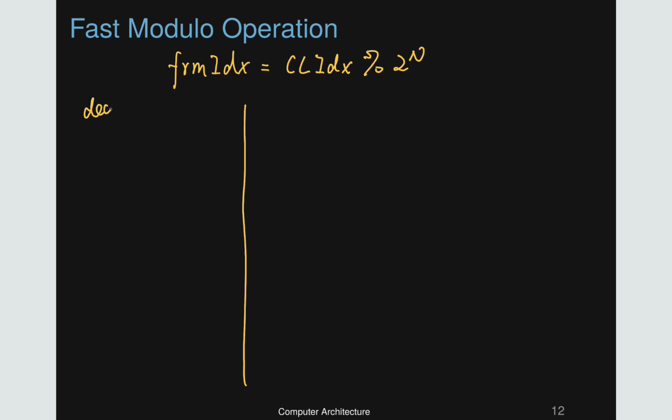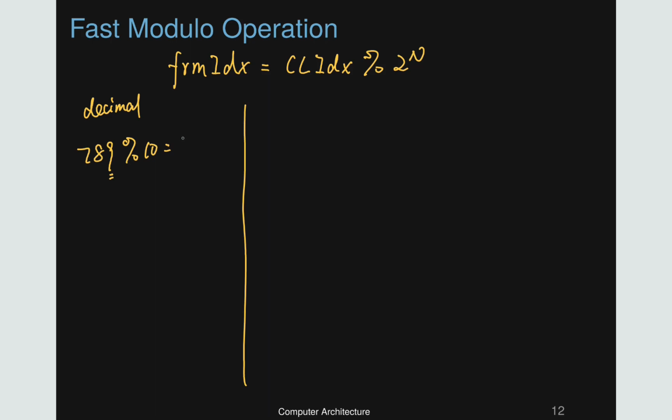Say we have a simple decimal number 789. If we want to compute 789 modulo 10, how do we do this? Because this is a decimal number and the base of this number is 10, 789 modulo 10 can effectively be computed by taking the last digit and writing it as the answer.